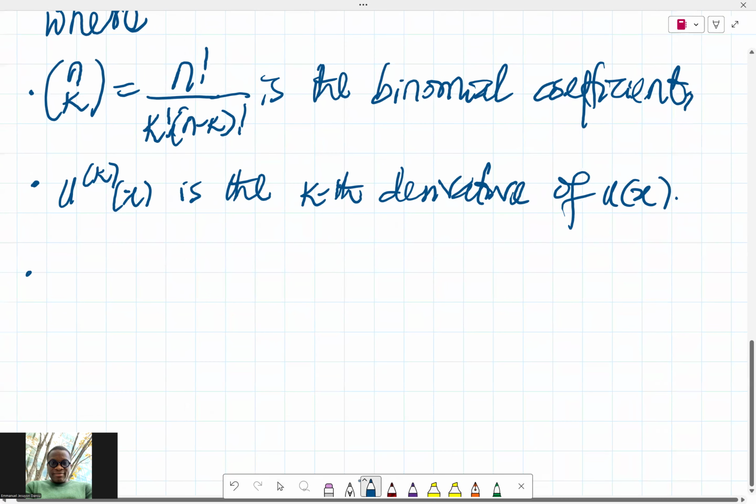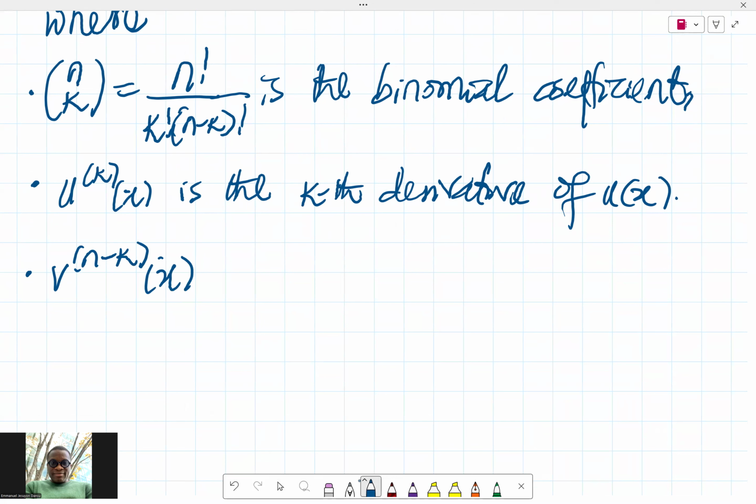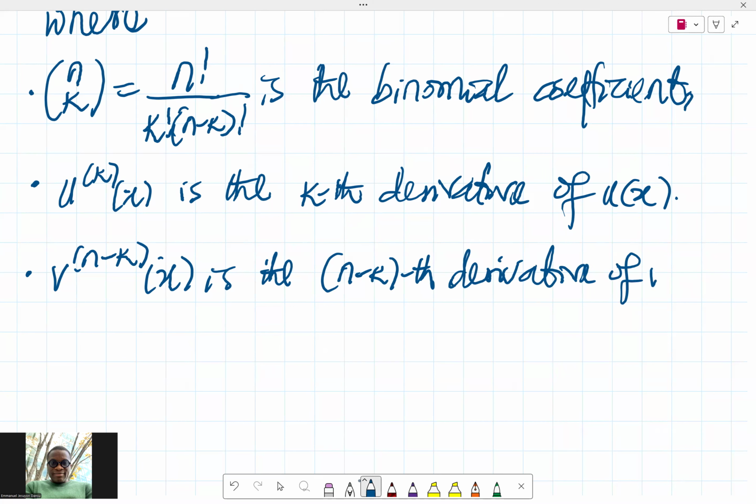And then we have v^(n-k), that's the n minus kth derivative of v of x. And that goes.